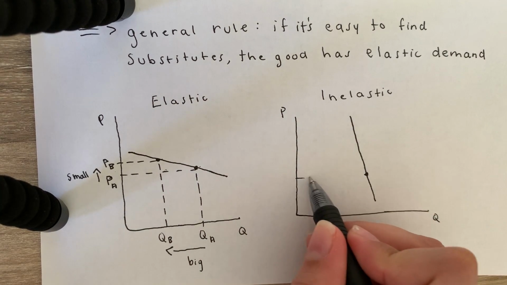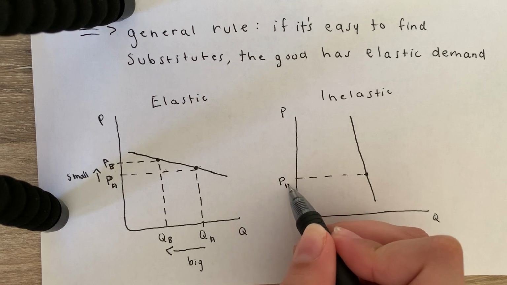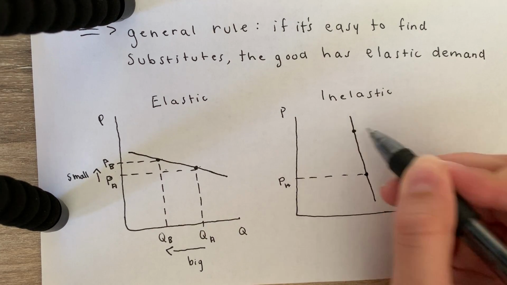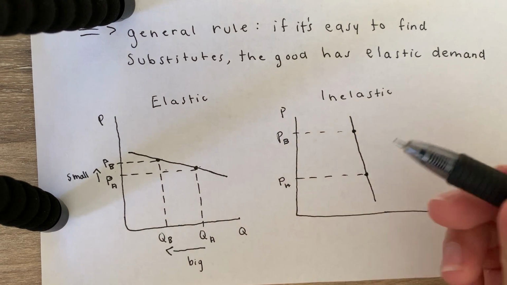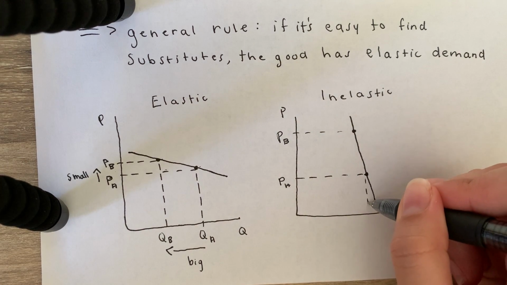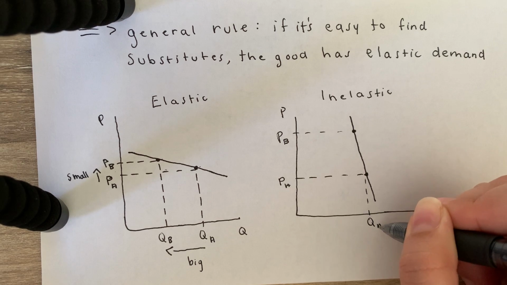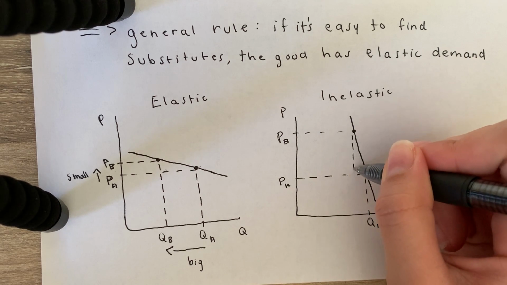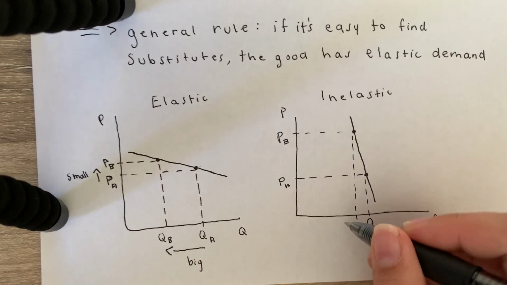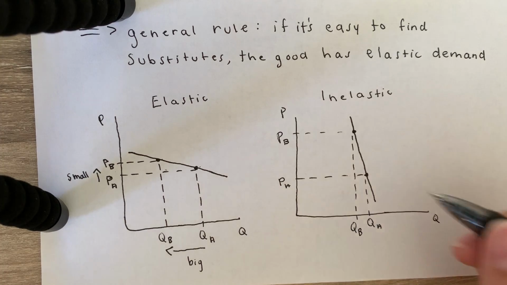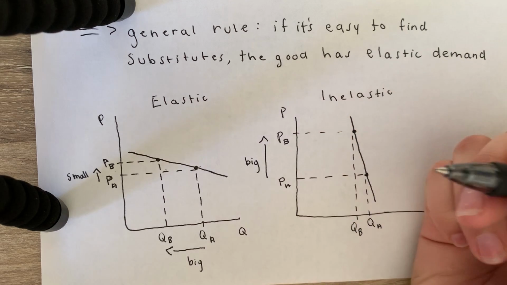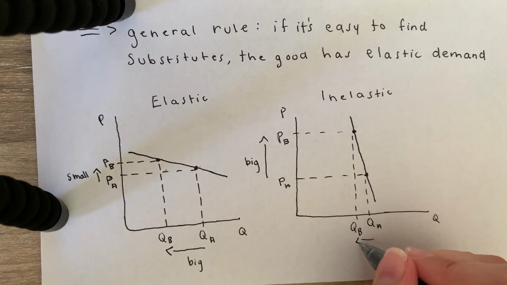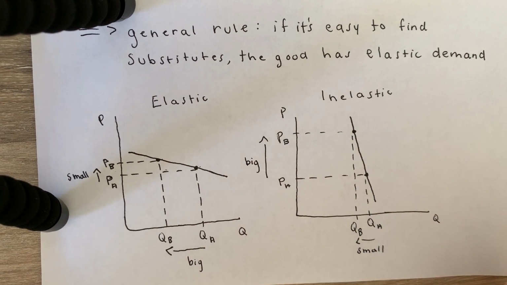We can show the same thing for inelastic demand. Say we have the price at A, and then we had a pretty big price increase to PB. Let's label our quantity demanded A and quantity demanded at B. So this shows you when there was a big increase in the price, there was a small decrease in quantity demanded.